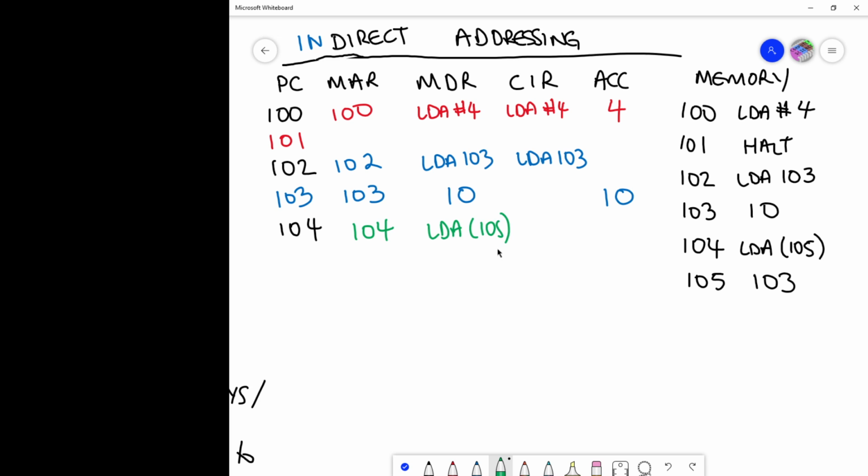The control unit assumes it's an instruction, so it makes a copy of that into the current instruction register. Decodes it. It has a look at the addressing mode. It goes, oh dear, it's indirect addressing. This is going to be a pain in the neck. But now it knows how to increment the PC. So we go, right, increment the PC.